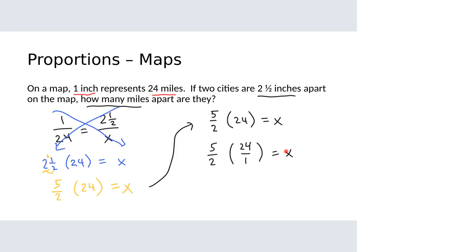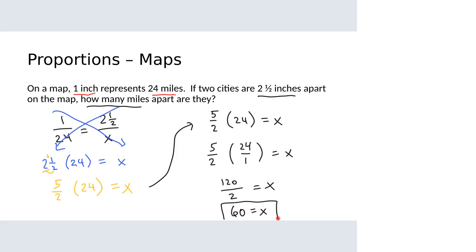So on the top, I have 5 times 24, that's 120. On the bottom, I have 2 times 1 is 2. And so I end up with 60 is equal to x when I finish by doing 120 divided by 2. So if those cities are 2.5 inches apart on the map, they are 60 miles apart.